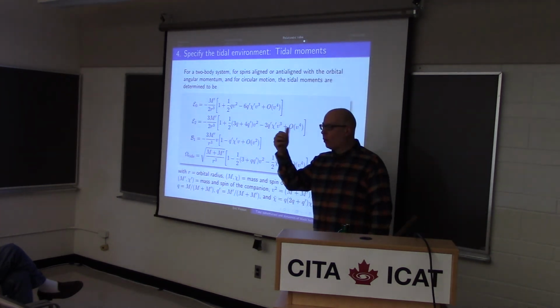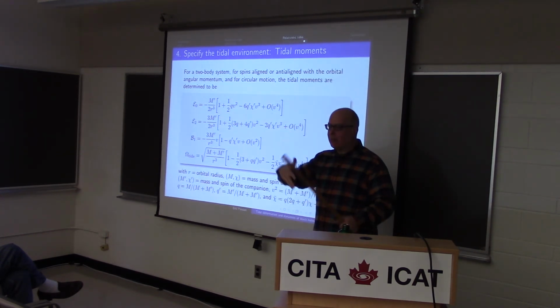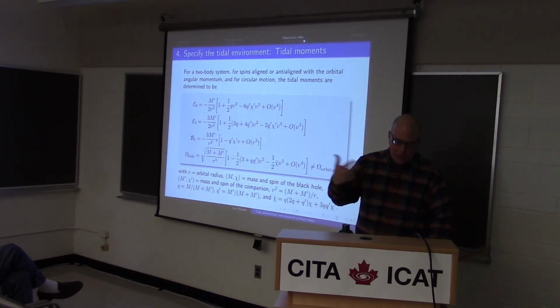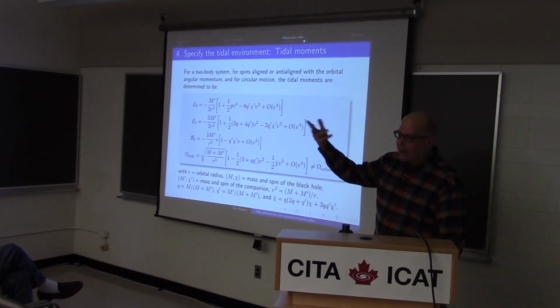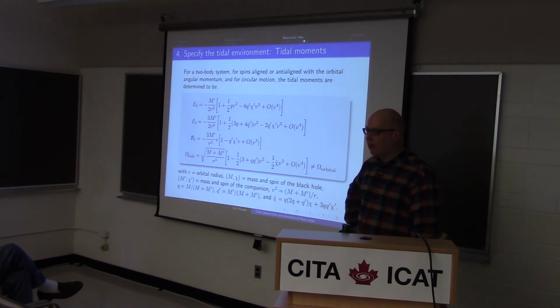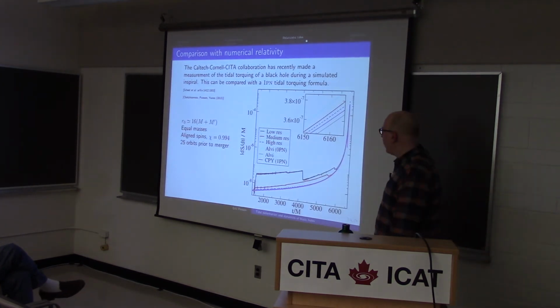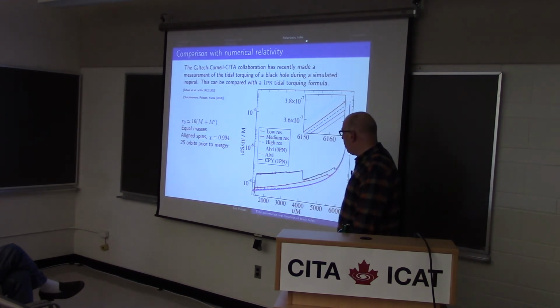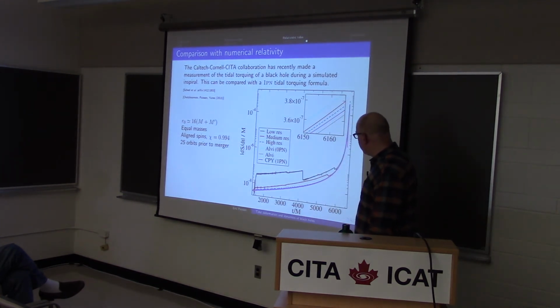And on top of that, my local frame actually precesses relative to the barycentric frame, so I get this extra effect on top. Anyway, I get all of this information, and I can plug that into the flux formula and get something very concrete that tells me how much the black hole is actually absorbing angular momentum. That could be useful eventually in characterizing the tidal dynamics of black holes in concrete situations.